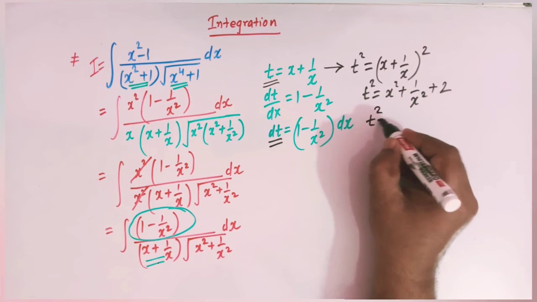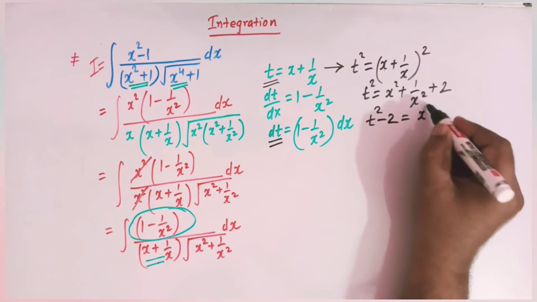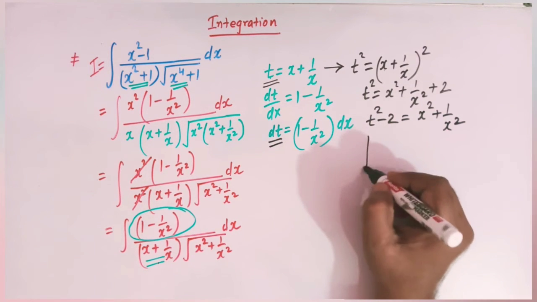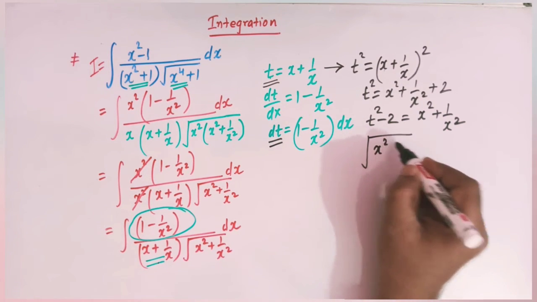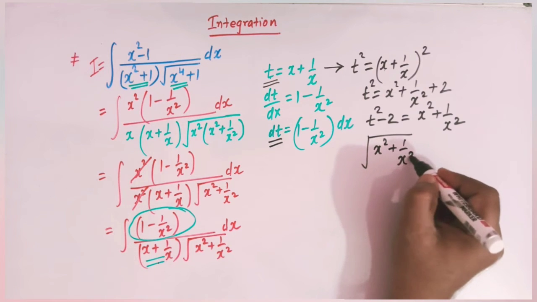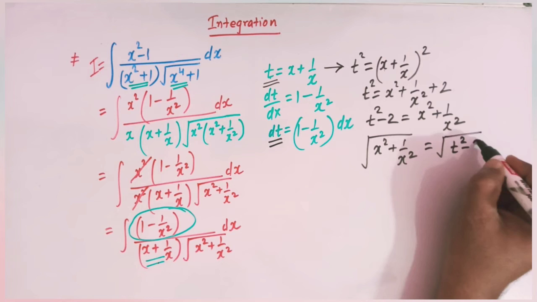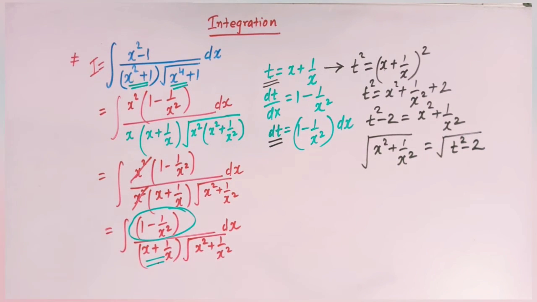So we have t square minus 2 equal to x square plus 1 over x square, and the square root of x square plus 1 over x square is equal to the square root of t square minus 2, right?